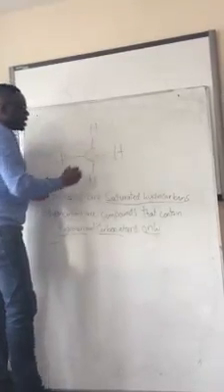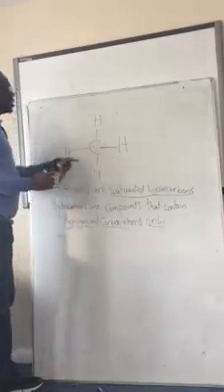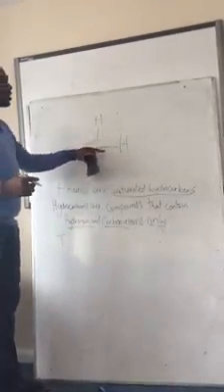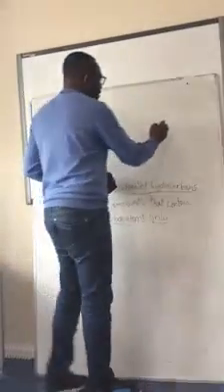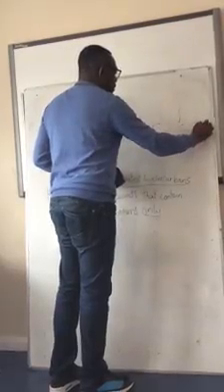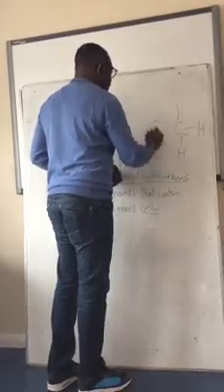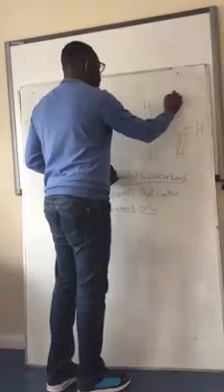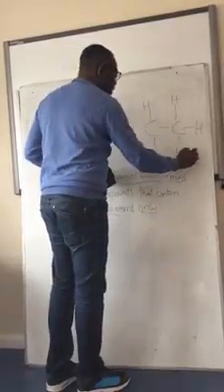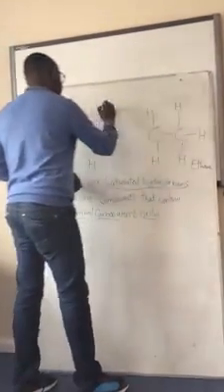Now, if you notice, the carbon atom has a single bond between it and the hydrogen atom. Or better still, if I do the second one, which is ethane, this is ethane, and this is methane.